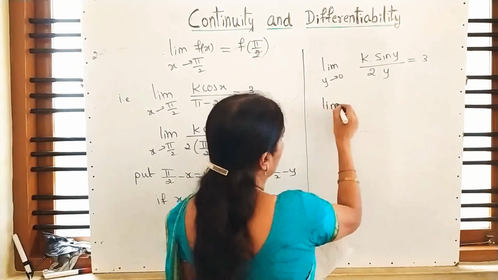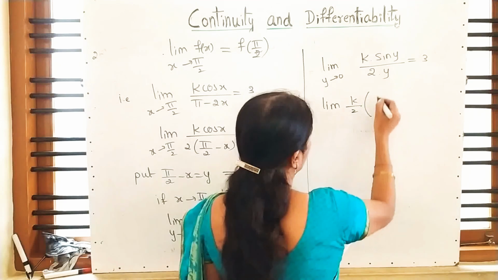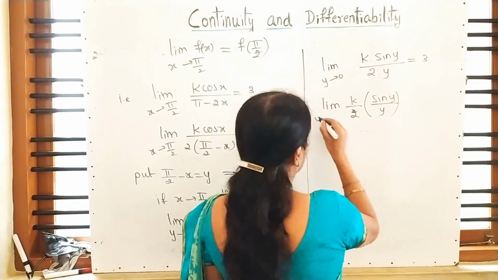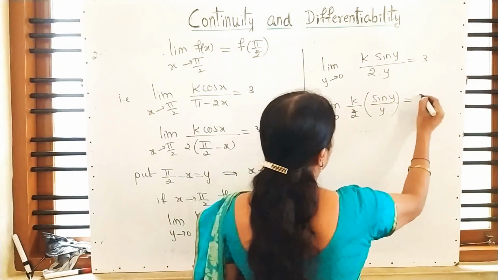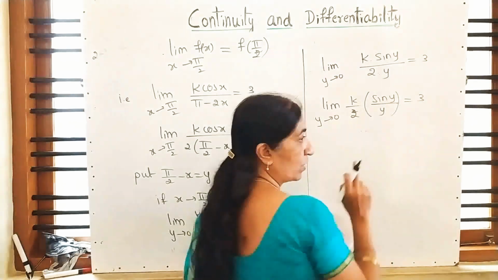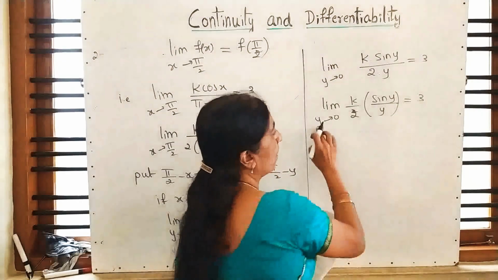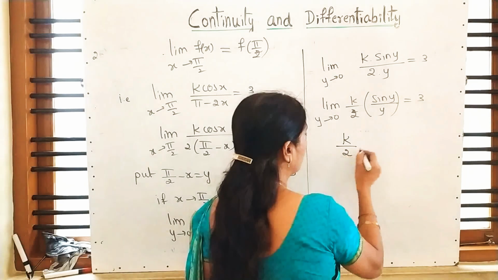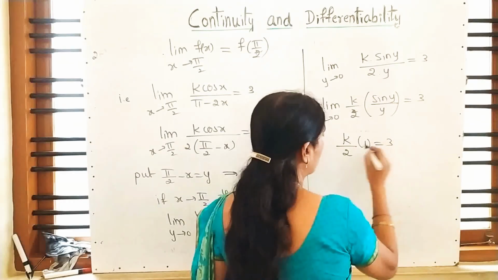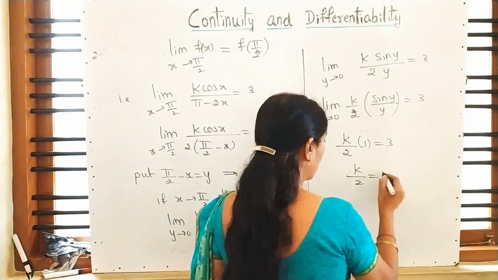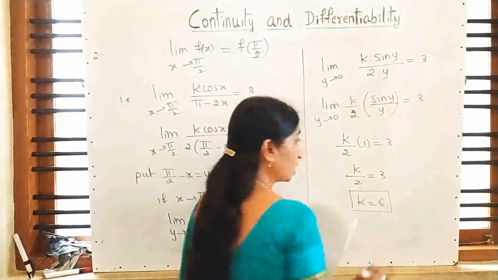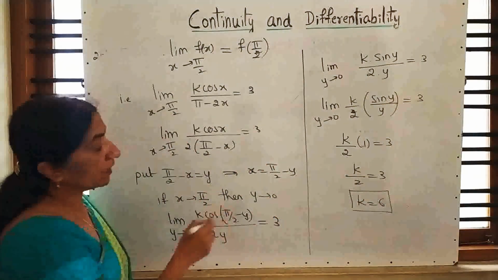So we can write like this, correct or not? You know why I am writing like this. Here it is limit sin theta upon theta form. What is limit sin theta upon theta as theta tends to 0? It is 1. So your answer will be k by 2 is equal to 3. K is equal to 6. Like this, the questions are interesting. Then take on the next one.